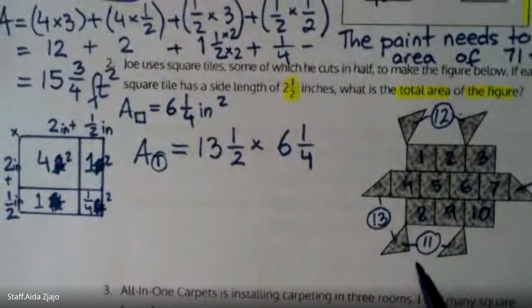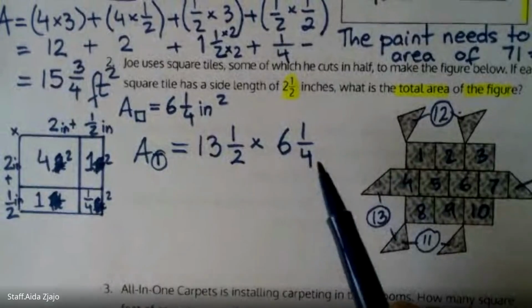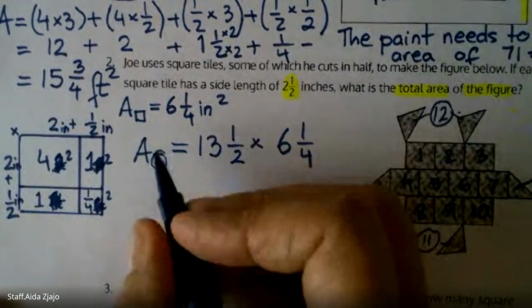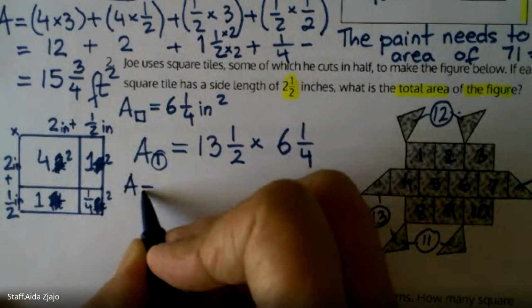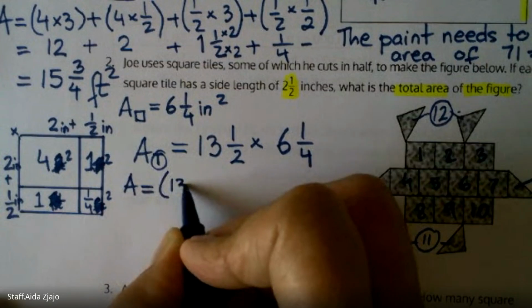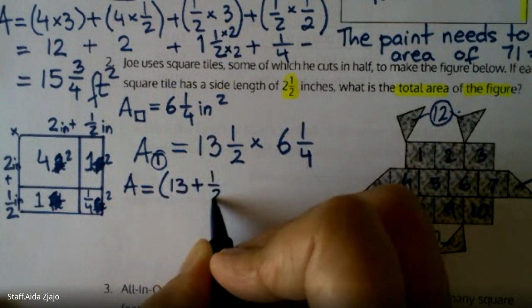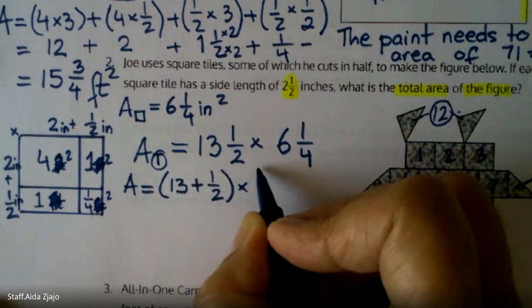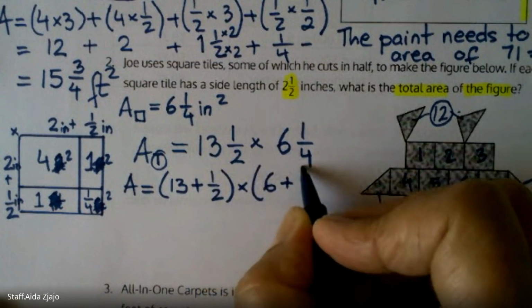So now I'm going to use the distributive property. Area equals, I'm going to model for you, 13 plus 1/2 times 6 plus 1/4.